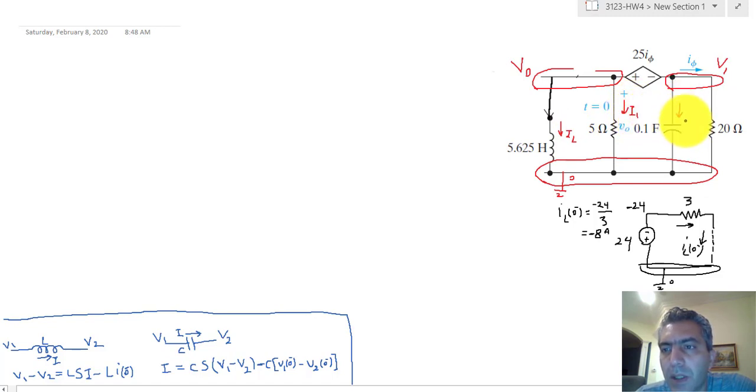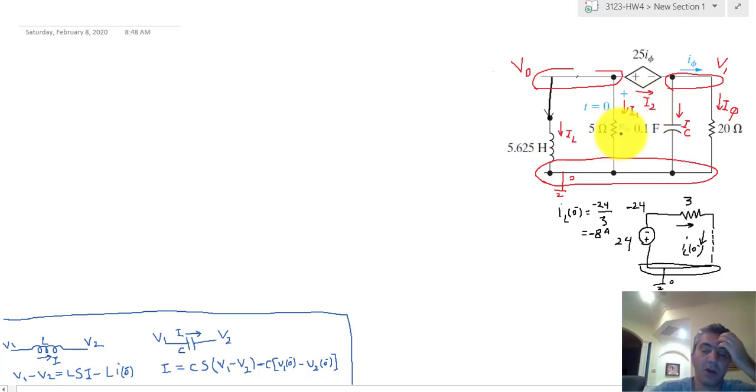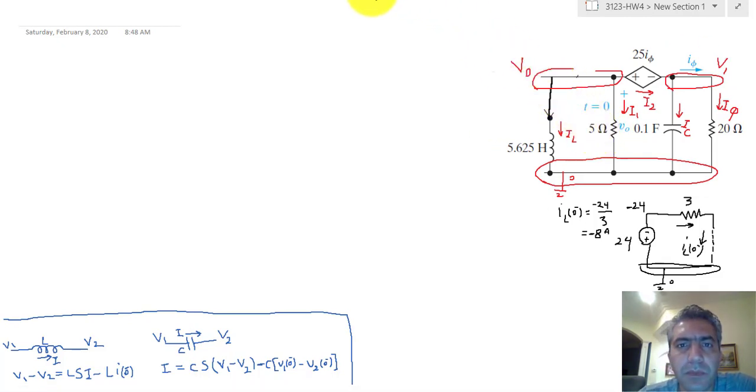This would be IC. And this current is actually I phi. The current passing through the dependent power supply, I'm going to call that I2. So make sure that we're going to have a current for all the components in the circuit. With that, we're done with our labeling. Now we're going to move on to writing equations.